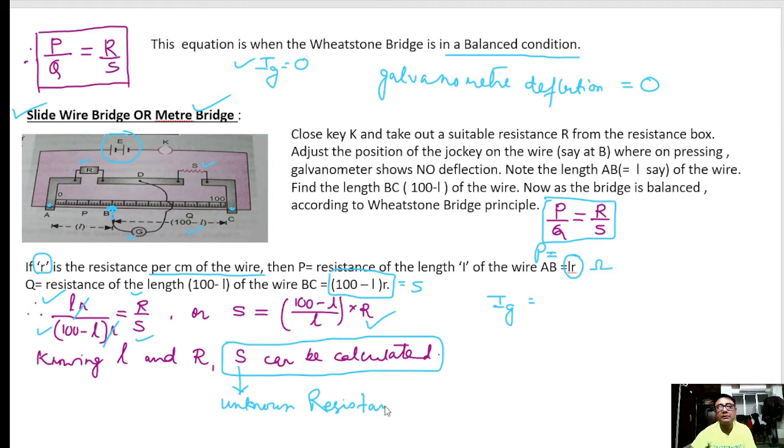Unknown resistance which is causing the balance of the meter bridge. Okay, so this is how we calculate the length at which the meter bridge will be balanced. That means IG should be 0.